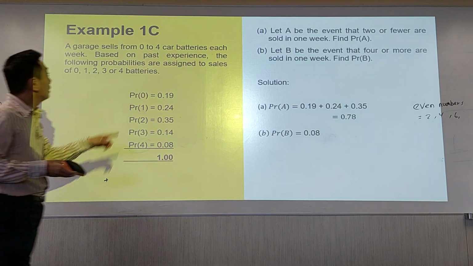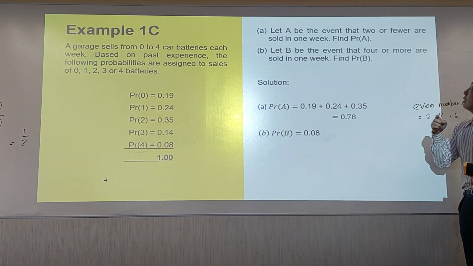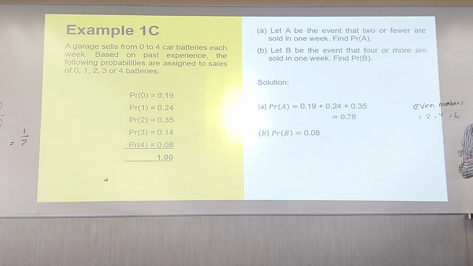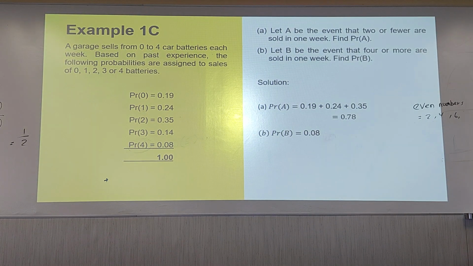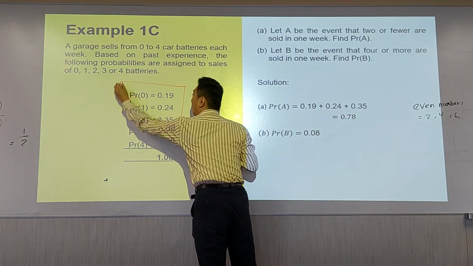So now, based on this information, assume that A is the event that 2 or fewer battery units are sold in a week. Find probability A. This question is 2 or fewer. 2 or fewer will be from this until this.